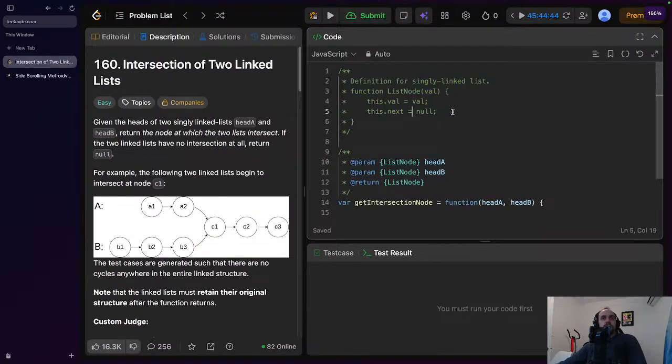But the idea is a traditional array, you have elements stored back to back in continuous memory, but a linked list is more of an object, a data structure, where you have a node that points to the next node, and that node points to its next node until eventually you hit null, which indicates the end of the list. A flexible data structure allows you to easily add and remove elements without having to shift them over.